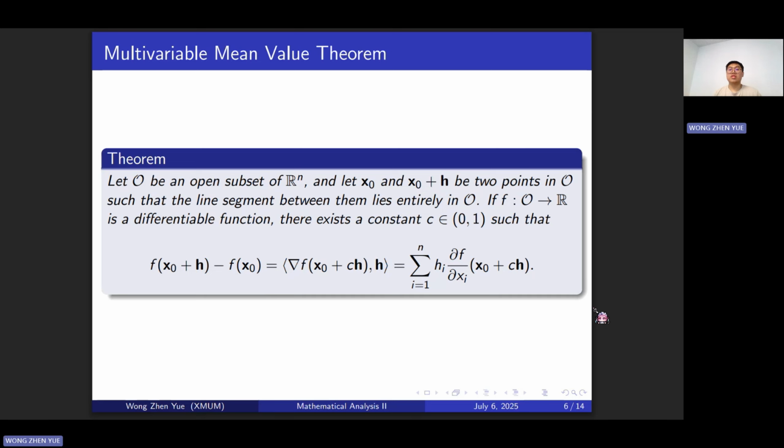Then if the function f from O to R is differentiable, there must exist a constant c in the interval (0, 1) such that f of s0 plus h minus f of s0 is equal to the dot product of the gradient of f at s0 plus ch and h. And we can express the dot product as the following summation.